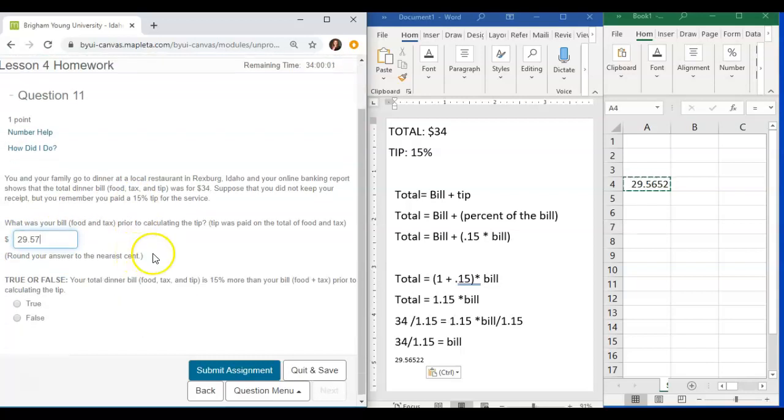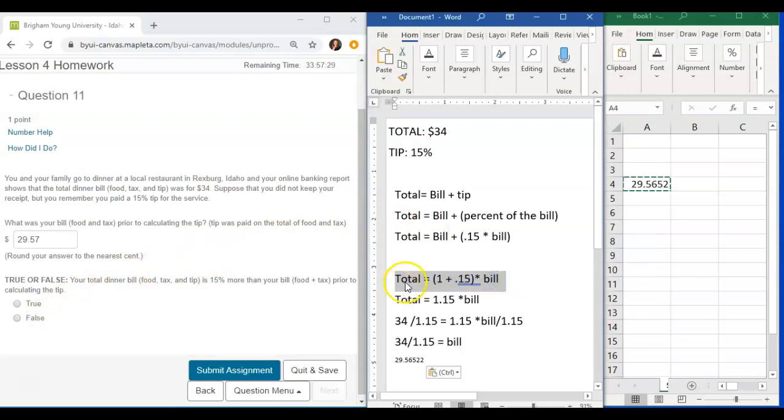Okay, and the last thing, true or false: your total dinner bill, food, tax, and tip is 15% more than your bill of food and tax prior to calculating the tip. In a previous video, we also discussed this, and it's translated just like this.